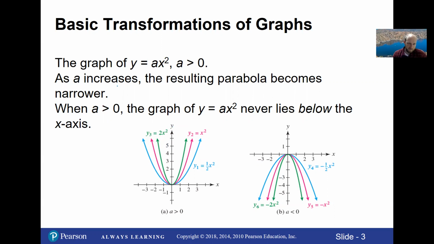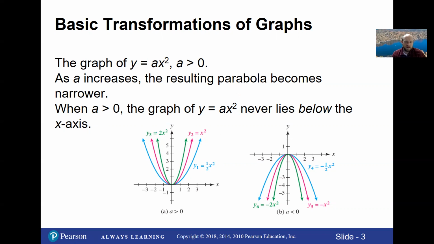Basically here, if you have a number in front of x squared, we call it a. If a is greater than 0, we learned last section that the graph is never going to lie below the x-axis, if there's nothing else along with it, so if there's not a plus or a minus out here.